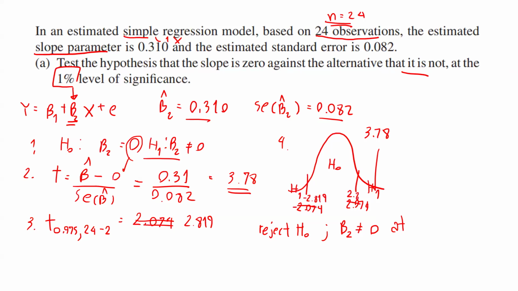But the answer is the same because it goes to H1, so you reject H naught, which means you can use H1 to answer: beta 2 is not zero at 1% level of significance.